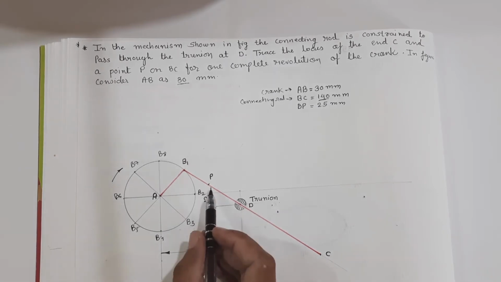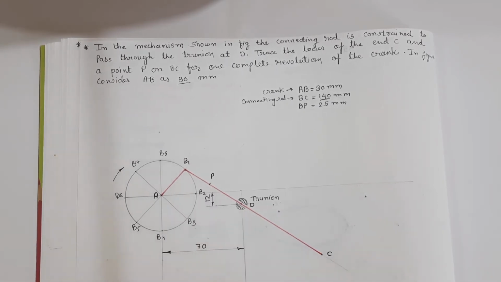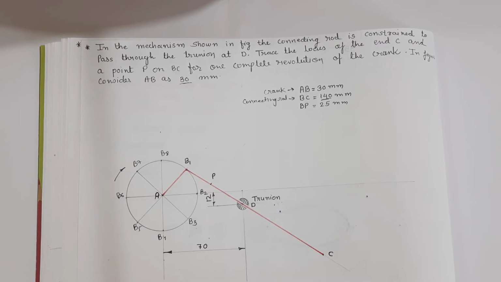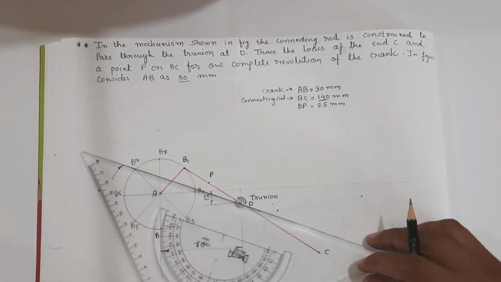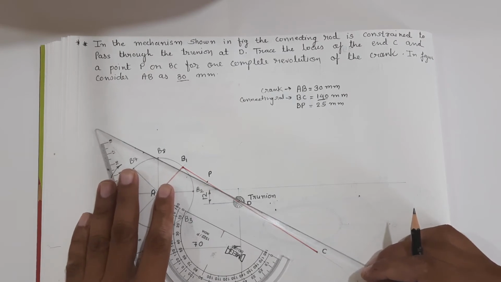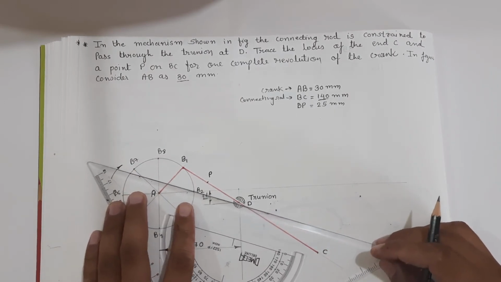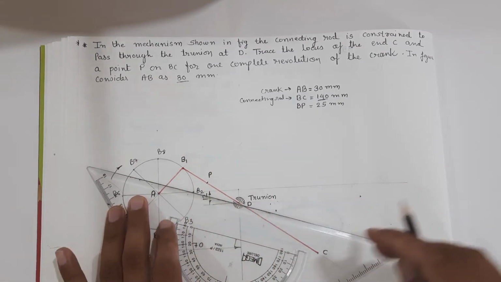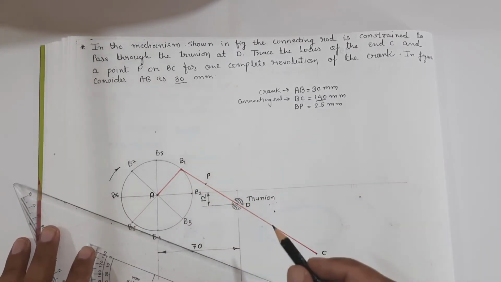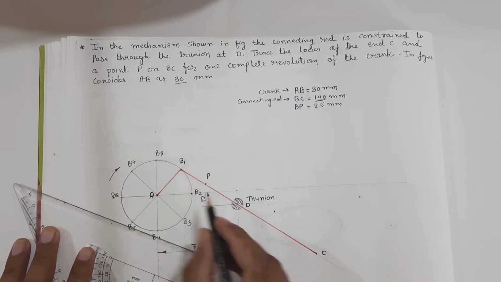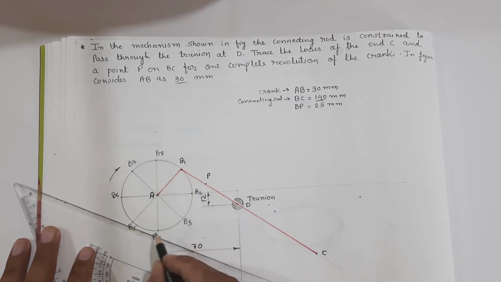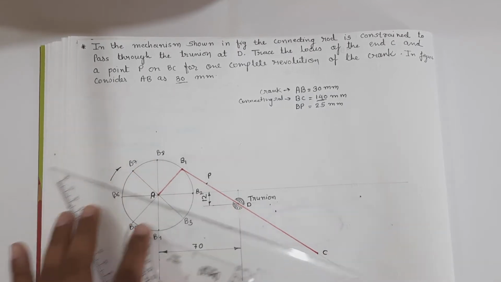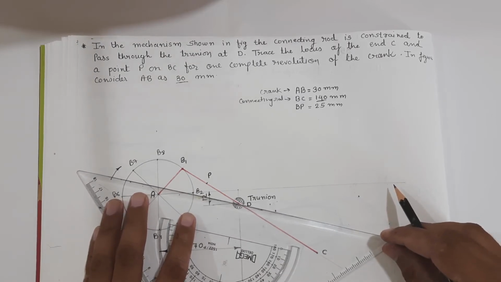Now we have to find out the locus of point C and point P. So first of all, draw lines passing through point D from B2, B3, B4, B5, B6, B7, B8. So first of all, draw those lines.